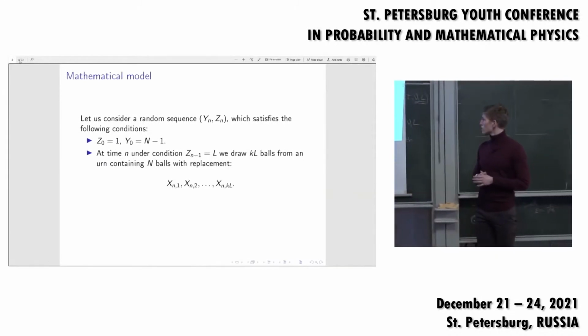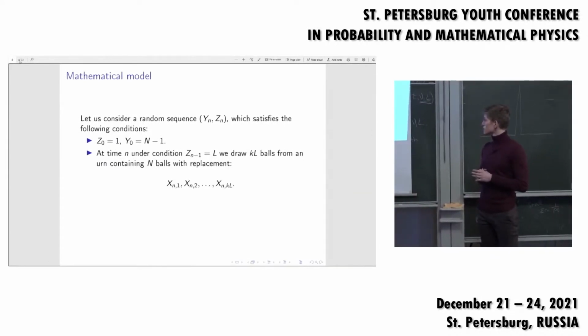Then Yn and Zn: under the condition that Y n-1 is equal to L, we draw k L balls from the urn with replacement.